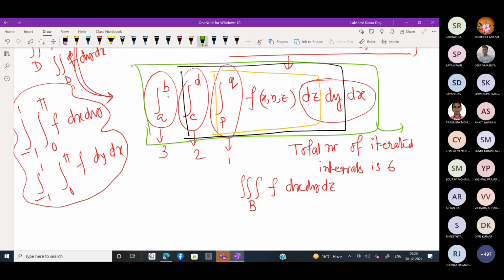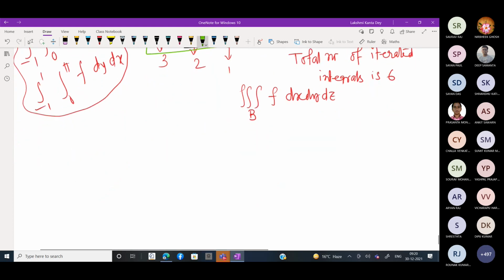Okay, so I would like to give one example here so that you can have more clarity. It is maybe example number 2, because already I gave one or two questions.